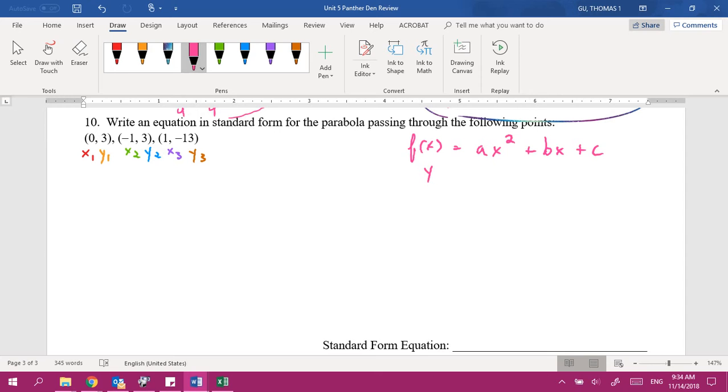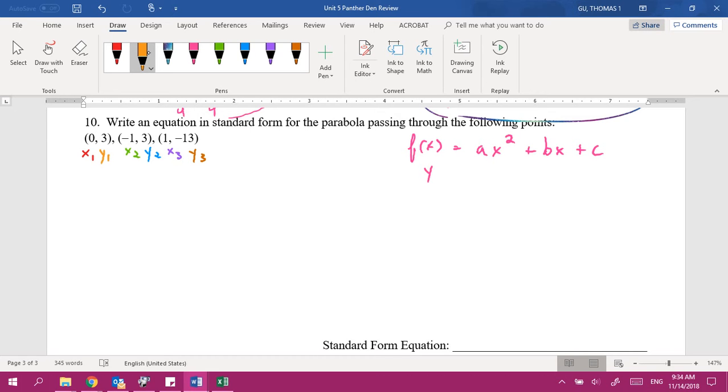All right, so now I'm going to use these. We're going to start with the first pair, 0, 3, right? And we just plug the 0 and the 3 into our equation. So where does the 3 go? The 3 is the y value, right? Where's the y in my equation?